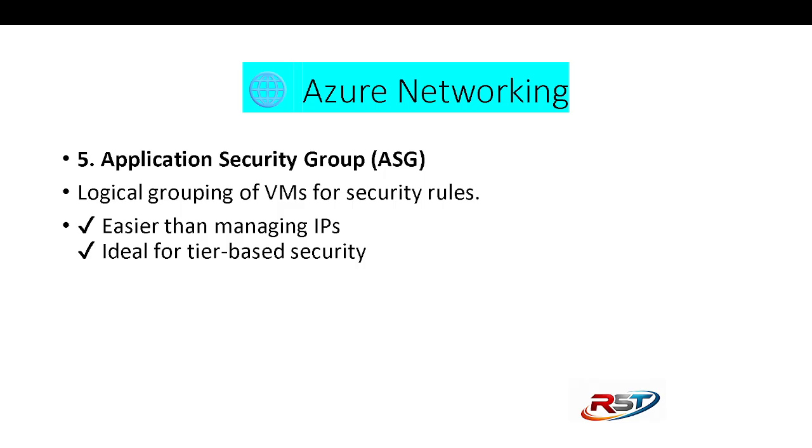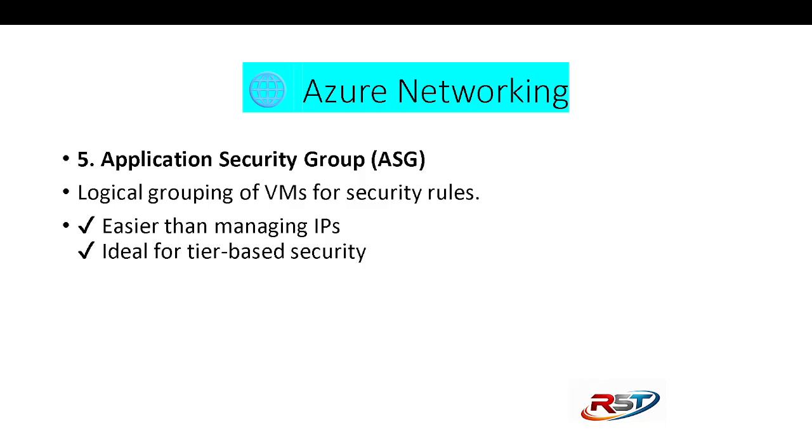We take some VMs, create a logical group, and apply security rules on that. It is easier than managing IPs. Instead of applying rules on IPs like NSGs, we create one rule and assign it to multiple VMs.